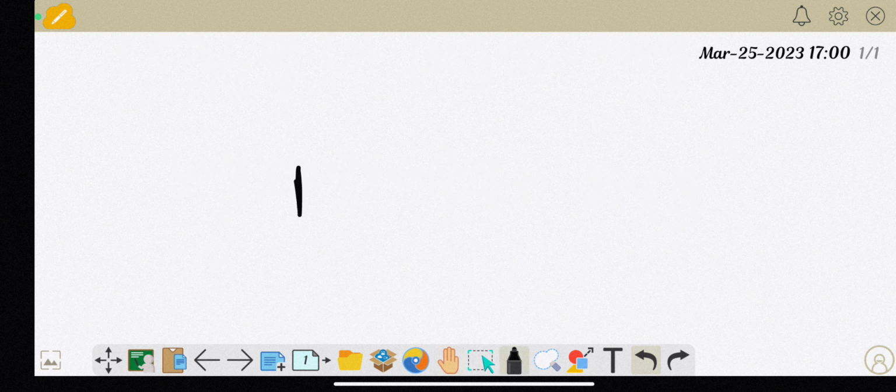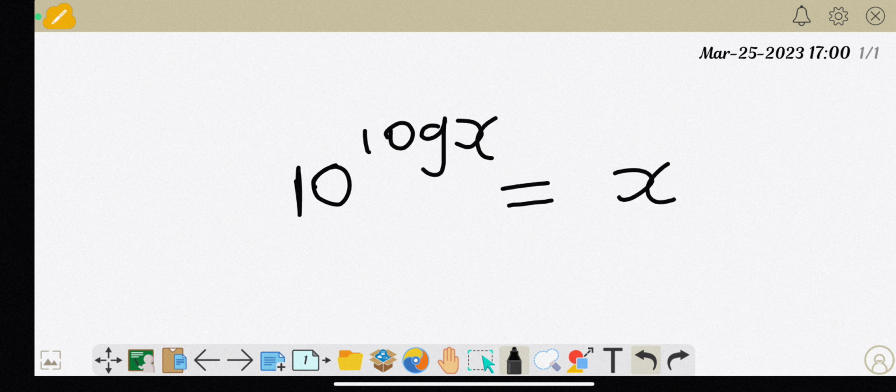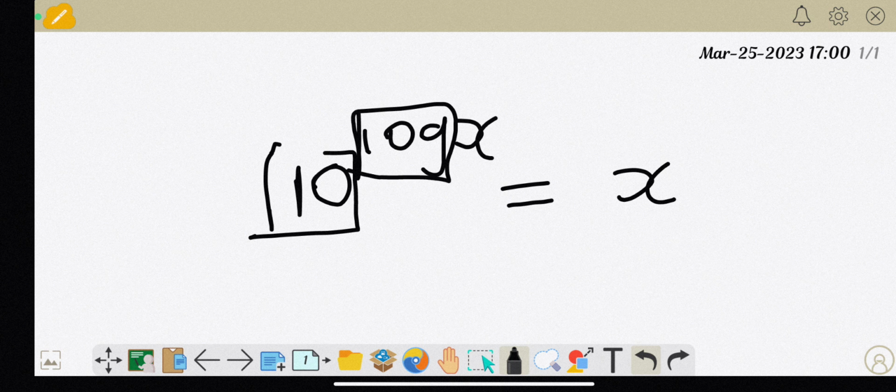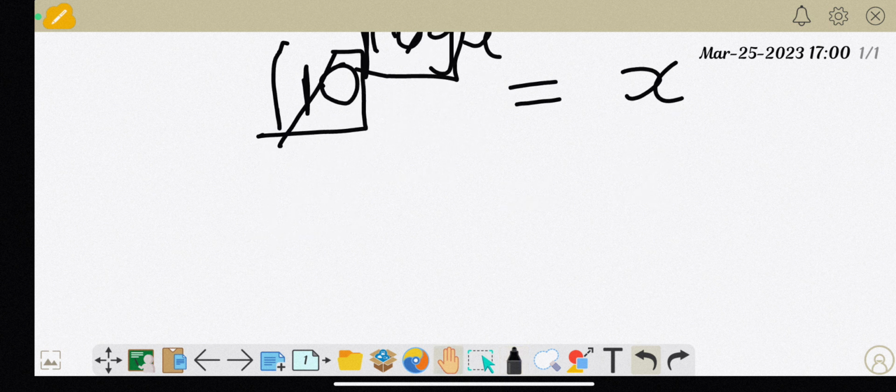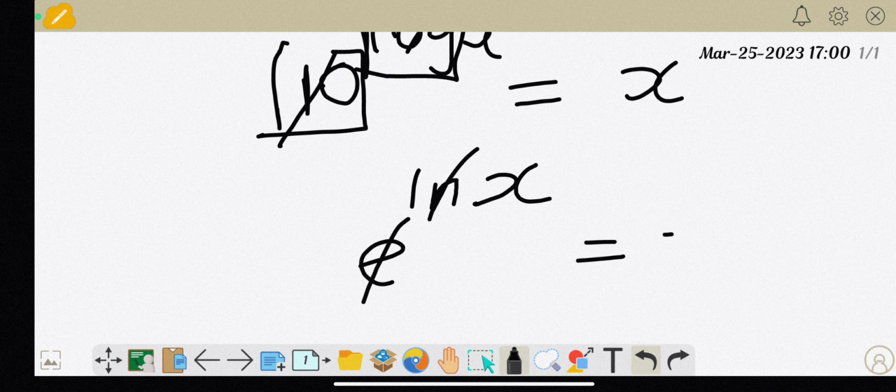If I have 10 to the power log x, the answer is x. What happens here is, this is anti-log, this is log, log and anti-log will cancel, only x will remain. Okay, so if I have e to the power ln x, e and ln will cancel, only x will remain.